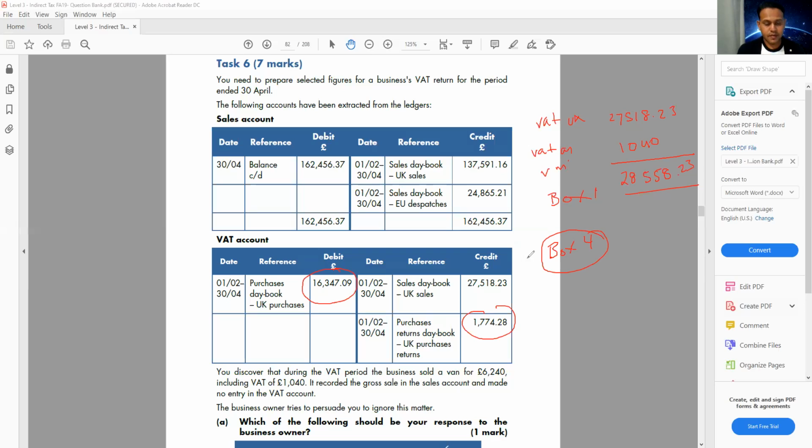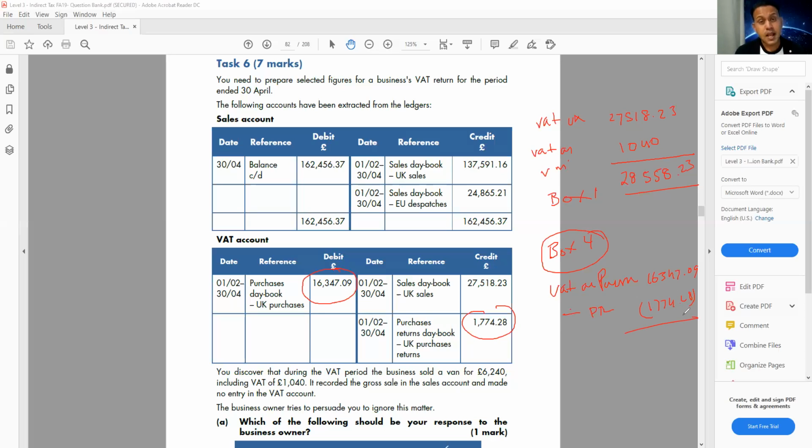So input VAT, VAT on purchase, minus the purchase return of 1774.